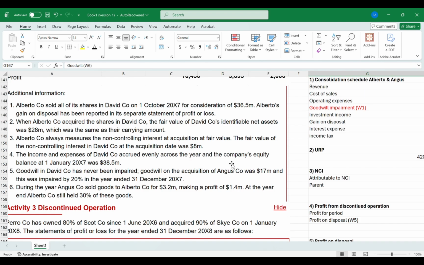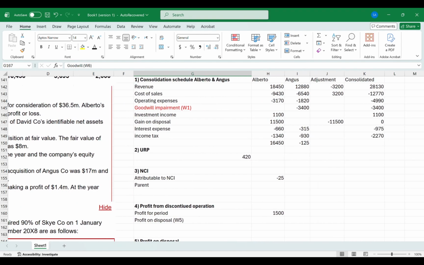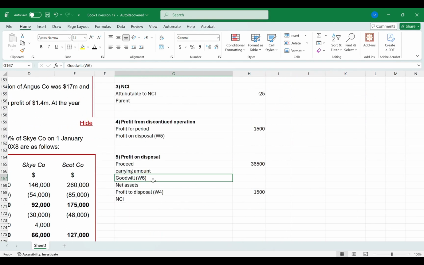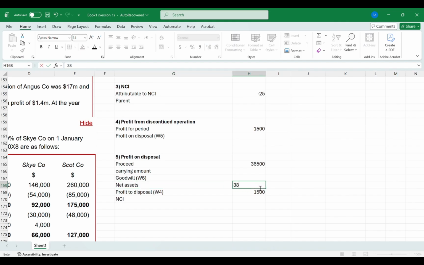They told the company's equity balance is 38.5. Equity means that is the only thing under the net asset. So 38.5. Note number 4. 38,500.